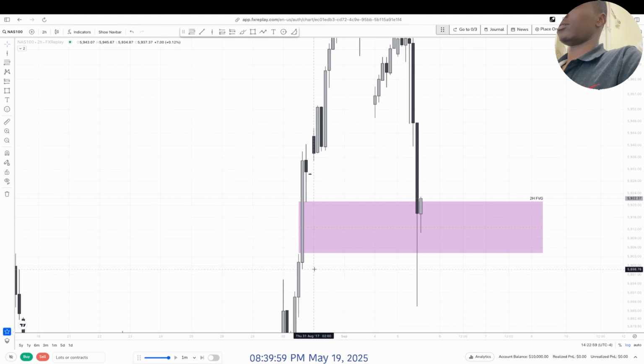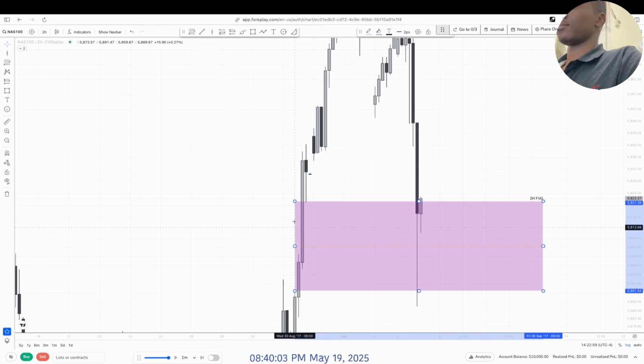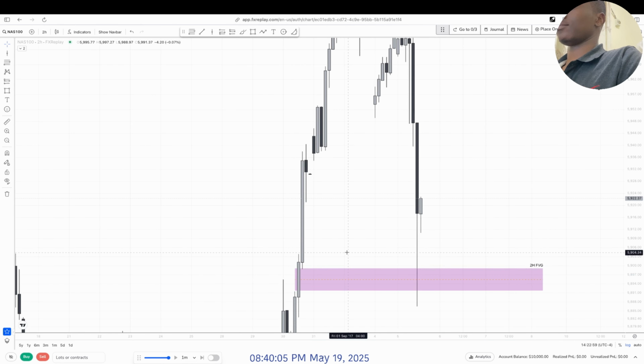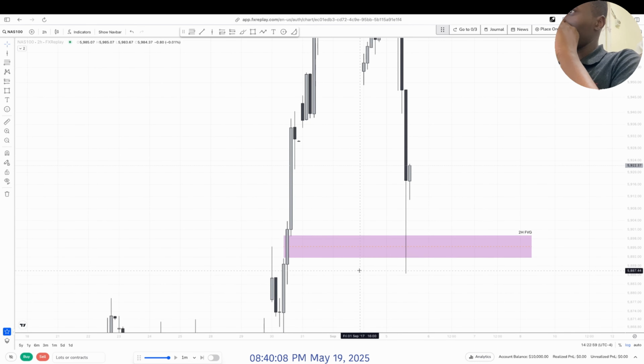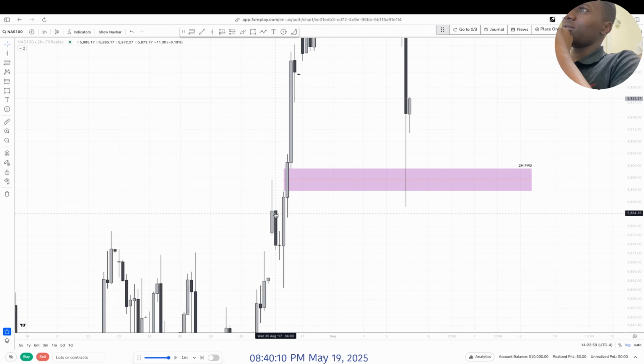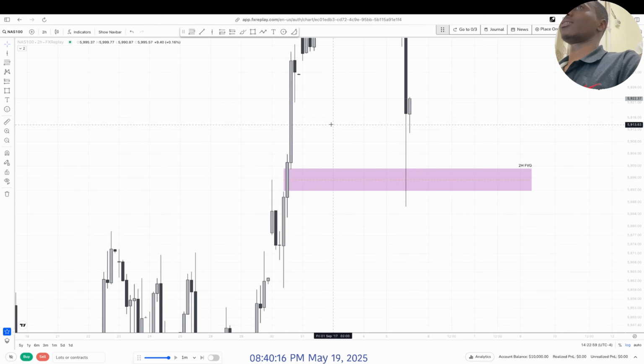And we dropped up. Actually, we respected this one now. And we even started now pushing higher. This fair value gap was preceded by a good order block. Now that's why we are starting to see a good push to the high.